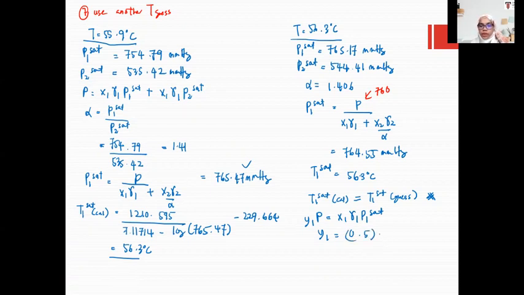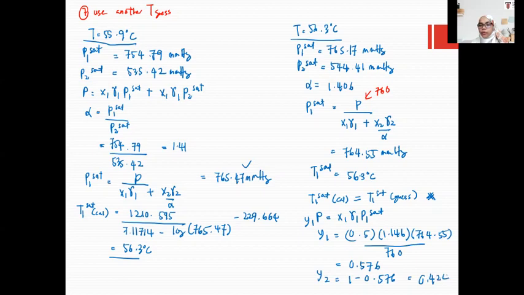Gamma 1 was already calculated as 1.146. And then the P1 saturation, since the temperature is similar, using this value over P, which is 760, the value is 0.576. Y2 equal to 1 minus 0.576 equal to 0.424. So this is your answer.